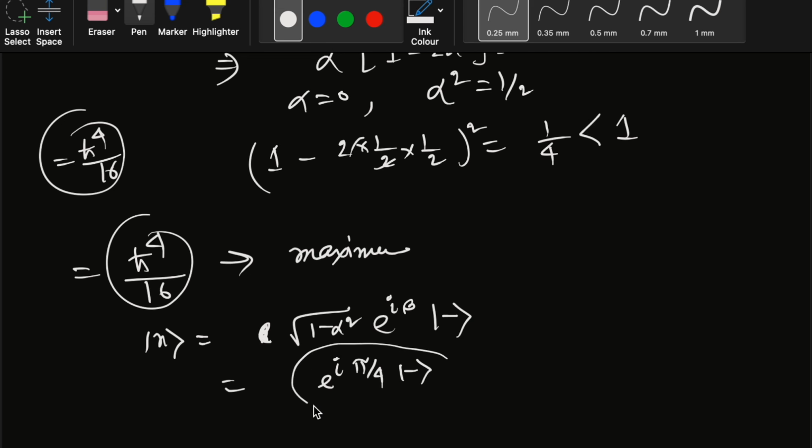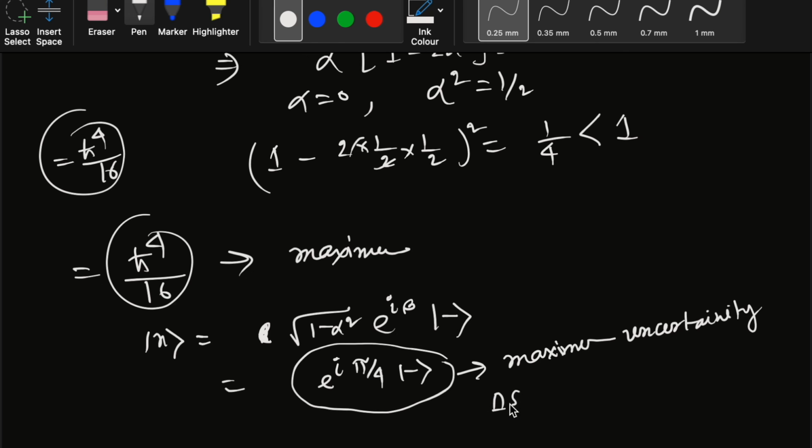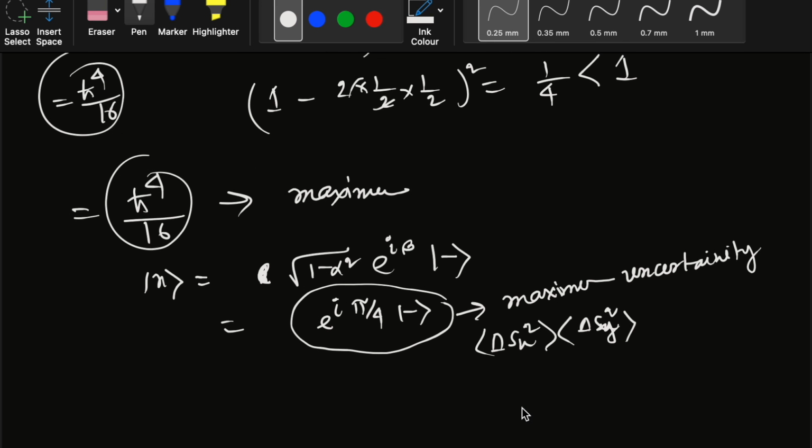So this state actually gives the maximum uncertainty of this function, of this dispersion, delta sx square, its expectation, multiplied by delta sy square, its expectation, is maximum. So our state where the product maximizes the uncertainty will be e to the power I pi by 4 minus.